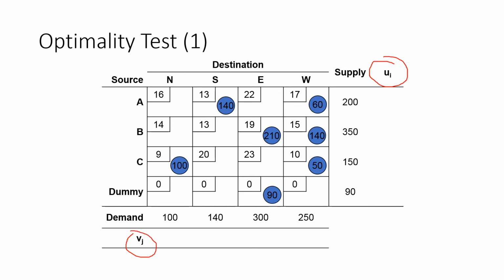And the way we calculate these, from the previous slide, it says ui plus vj equals cij for all basic cells. So I take a basic cell. Here's a basic cell. All these cells that have circles inside them. This is one of them. It's the basic cell. So that means it's a basic variable. The cells that have nothing inside them, like this one, is not a basic cell, because it's empty.